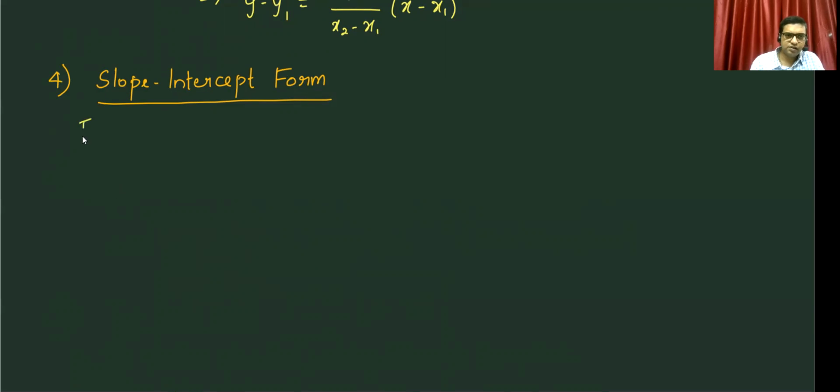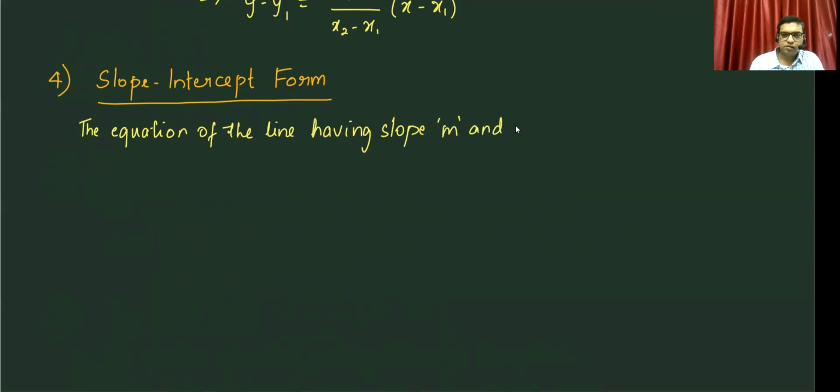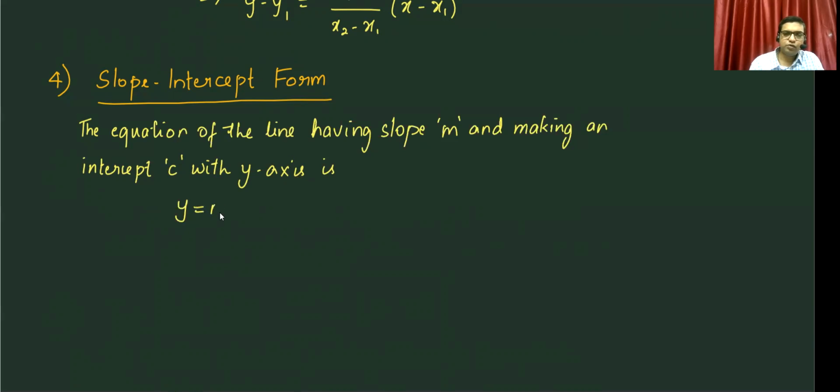The equation of the line having slope M and making an intercept C with the y-axis is y equal to mx plus c, a very important equation of the line.